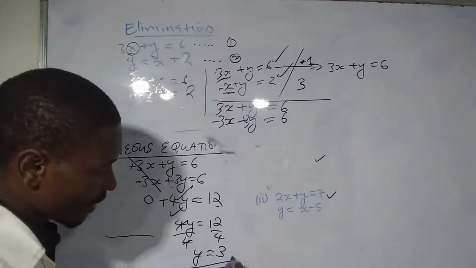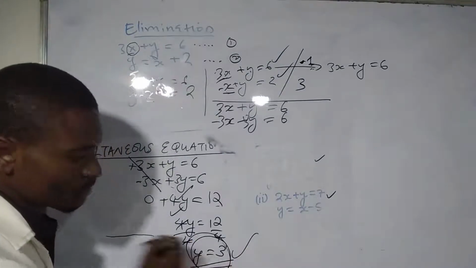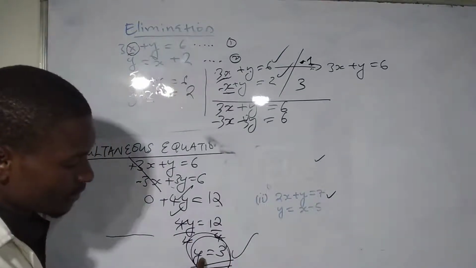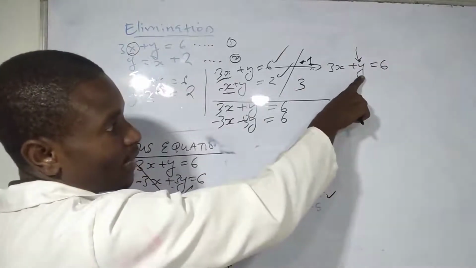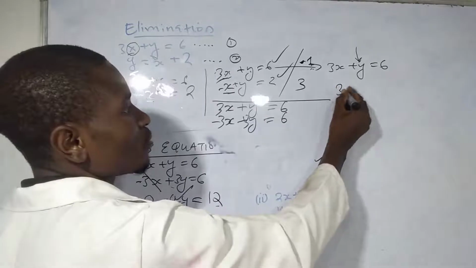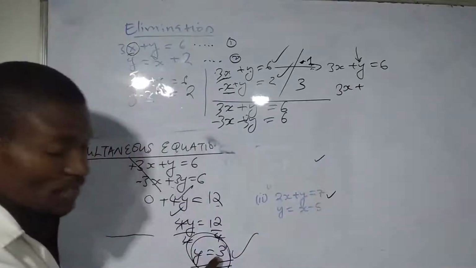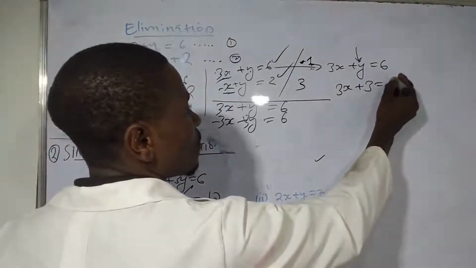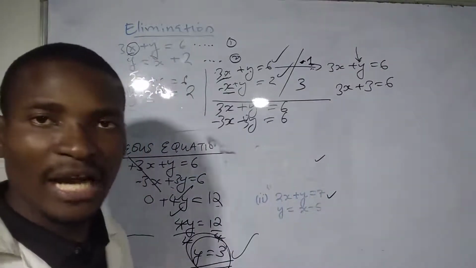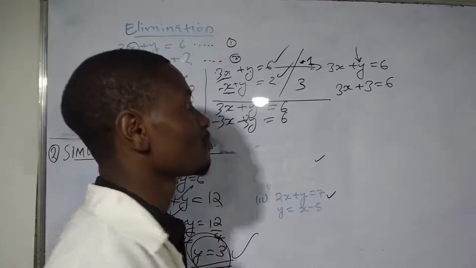I know that the value of y is 3, so I put 3 where there is y. So this is going to be 3x plus, it is positive, so that is the reason why I'm writing plus, 3 equals to 6. Now this becomes an equation in one variable.